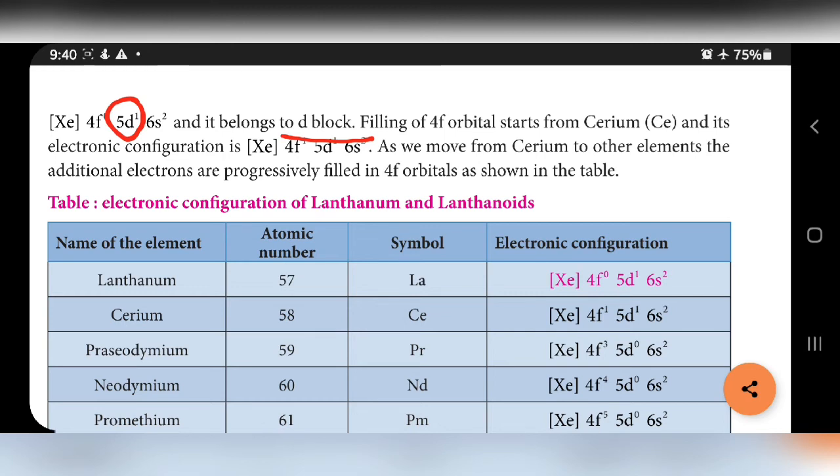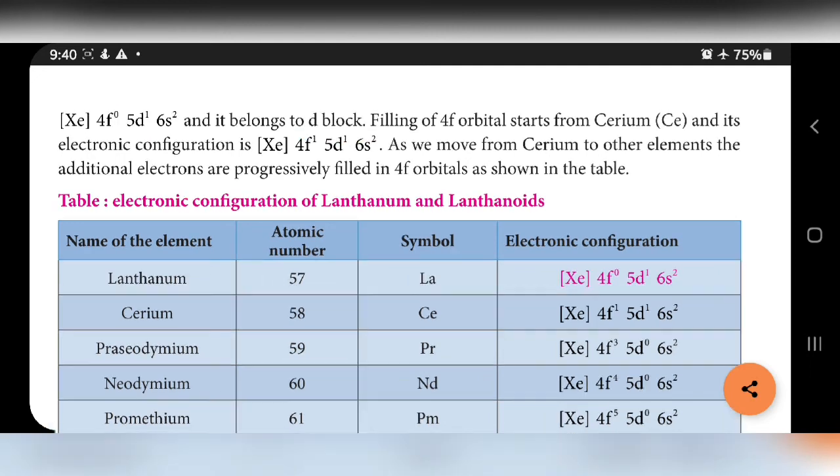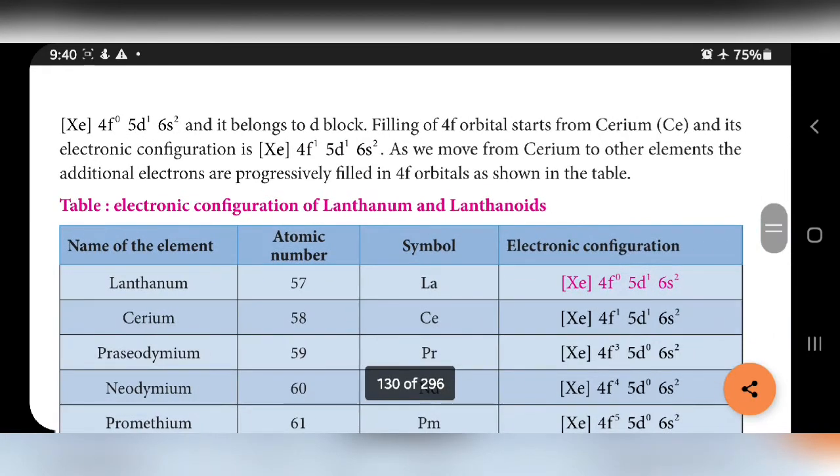Filling of the 4f orbital starts from cerium, and its electronic configuration is 4f1 5d1 6s2. That means now only electrons are filled in the 4f orbital, so cerium is the first element.